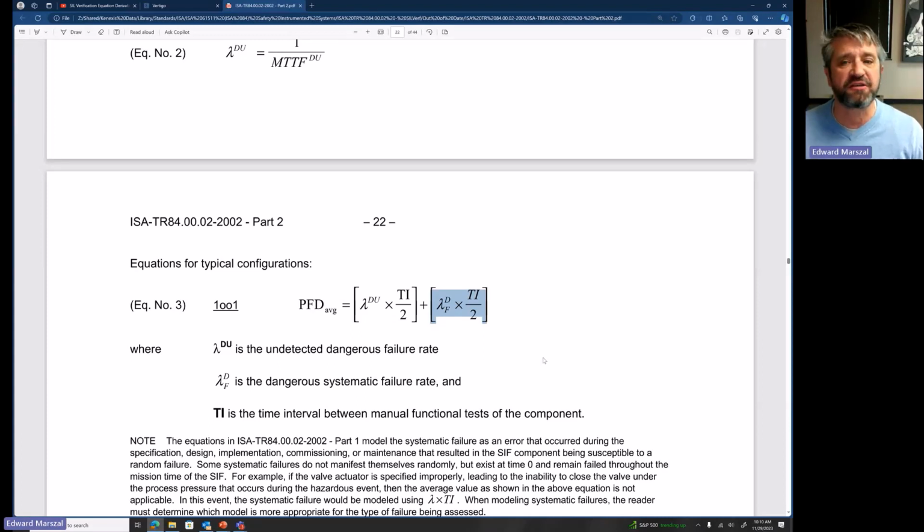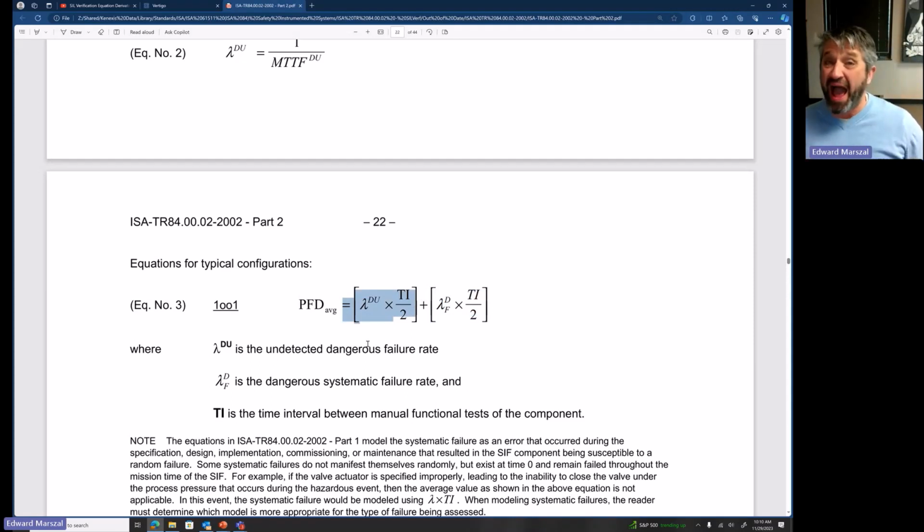The standard specifically says random hardware failures are what you're calculating, and there's a very good reason why you would do that, but that's another 20-minute discussion, which maybe, Chris, you might want to note down, that we could talk about why you don't include systematic failures in your PFD calculations as another webinar. But effectively, you only have this one term, lambda DU times test interval over 2.